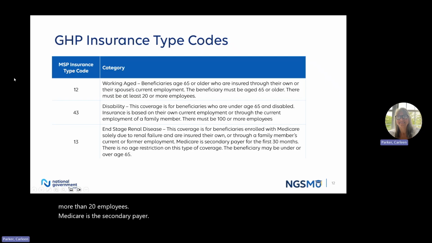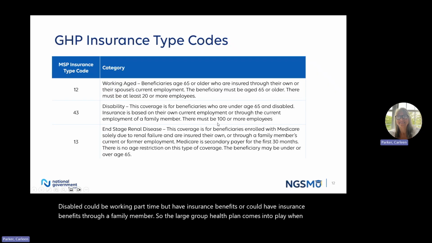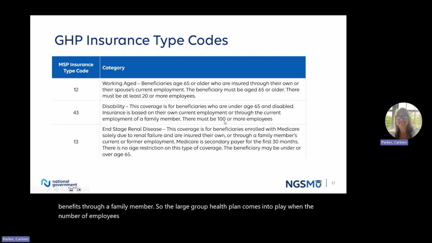Then insurance type code 43, disability, would be for those beneficiaries under the age of 65. Disabled individuals could be working part-time but have insurance benefits, or could have insurance benefits through a family member. The large group health plan comes into play when the number of employees is 100 or more.